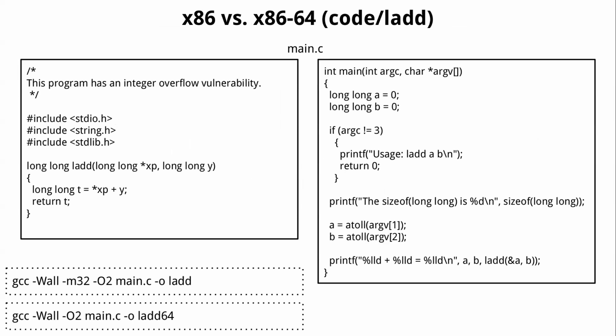We're going to use this code as an example to show how the 64-bit version is different from the 32-bit version. This is the same piece of C code. We are just going to compile it using 2 different commands, and one output will be the 64-bit version, another output will be the 32-bit version.